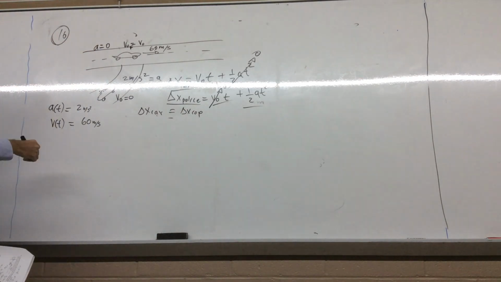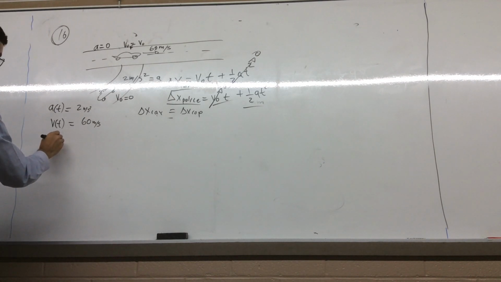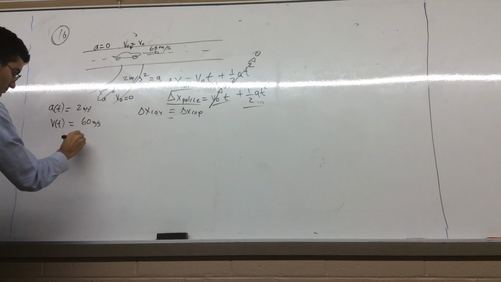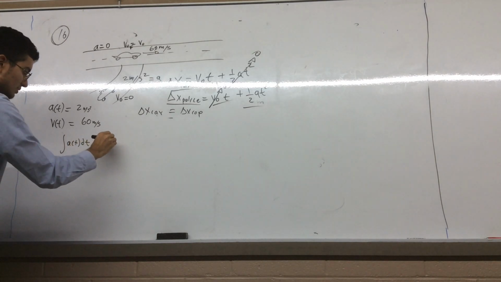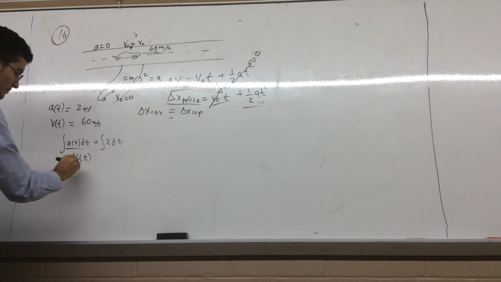So we have to take two integrals for this, and one integral for the car, to go back to position. Let's do the acceleration of the cop. The integral of the acceleration function dt equals the integral of 2 dt. The integral of acceleration is velocity.